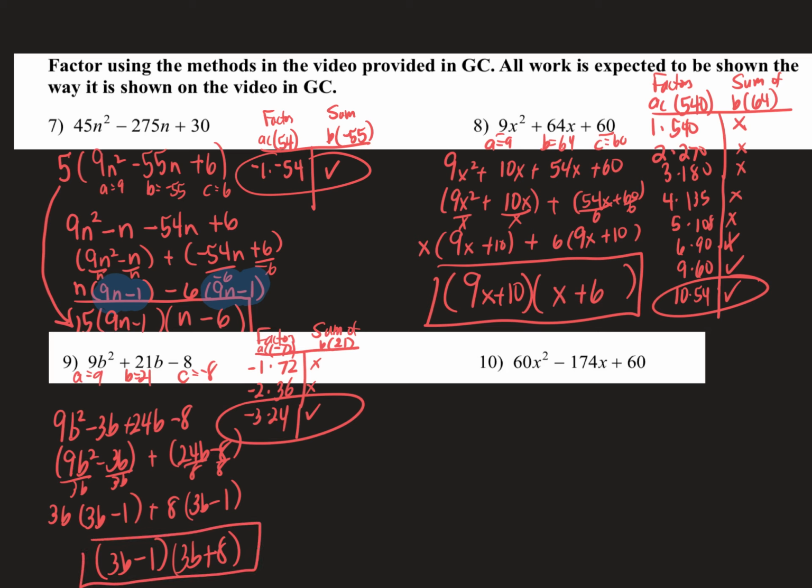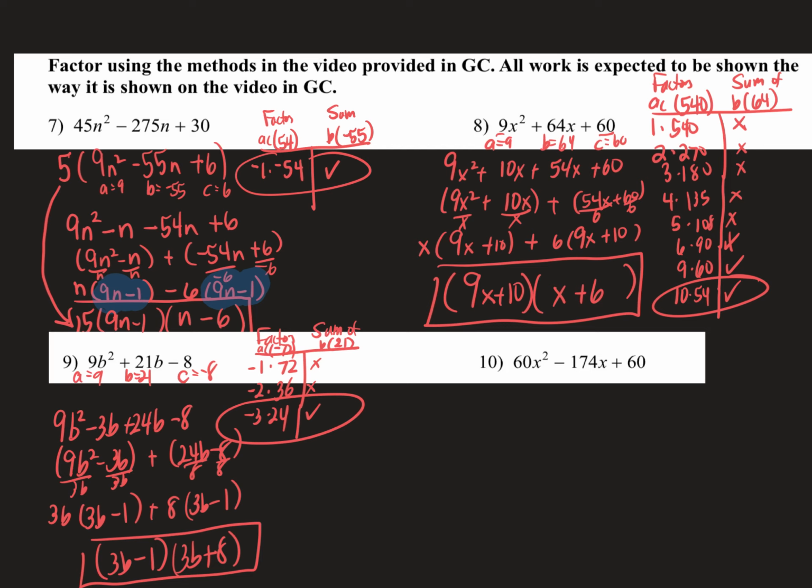And next, I know all of those are divisible by 2. I wonder if they're all, I know 60 and 60 is divisible by 6. I don't know about 174. Yes.